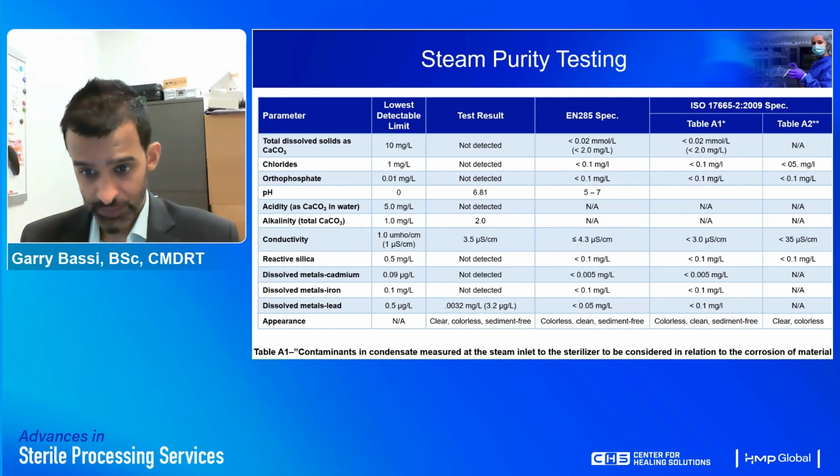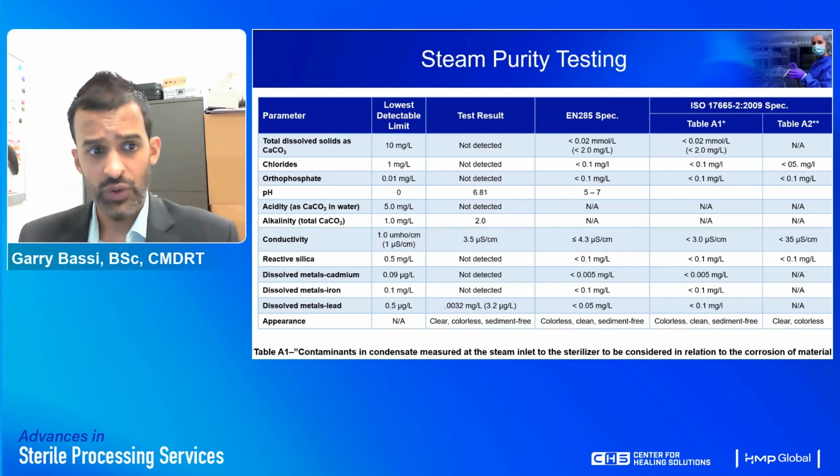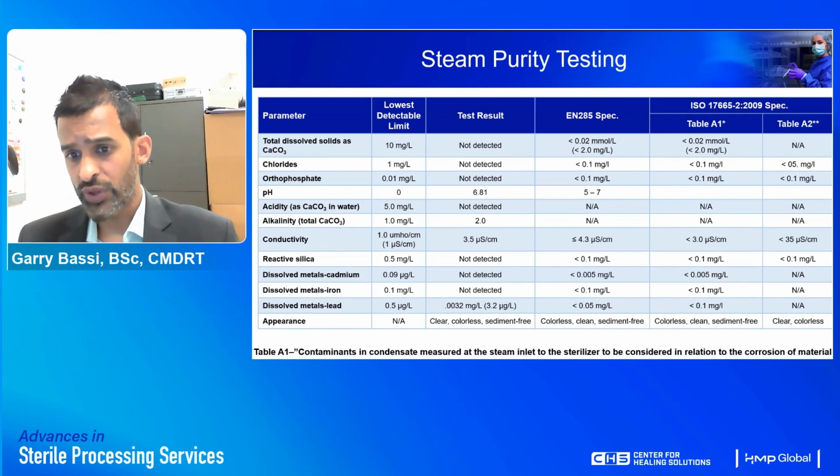So as you can see here, we were lower for calcium carbonate, chlorides, within the range for pH, conductivity, alkalinity, acidity, and the dissolved metals. So we were lower than or equal to in all aspects here from a standards perspective.